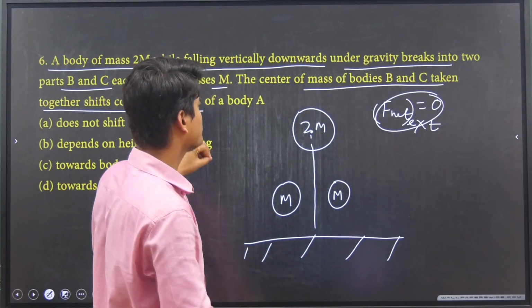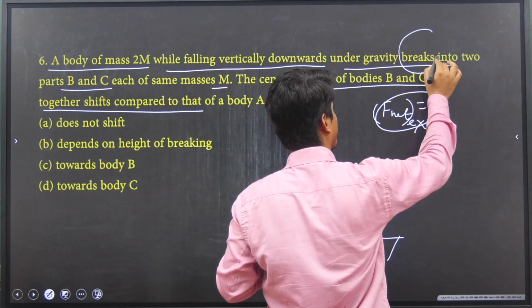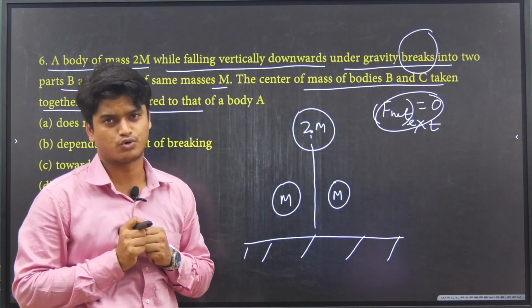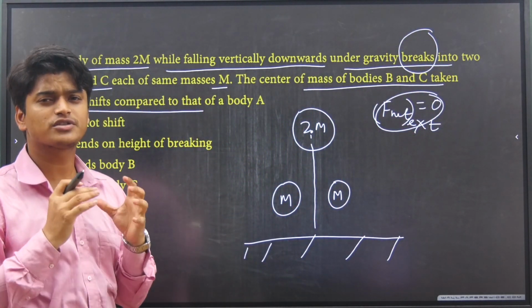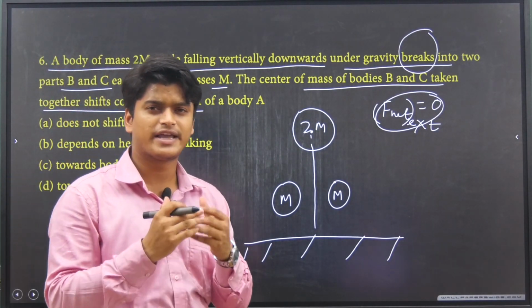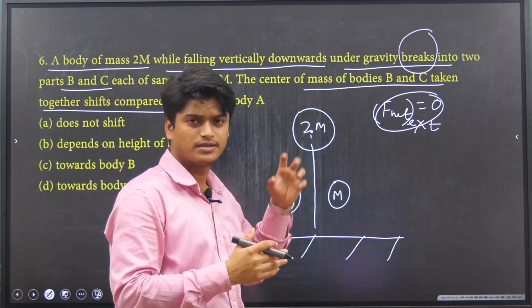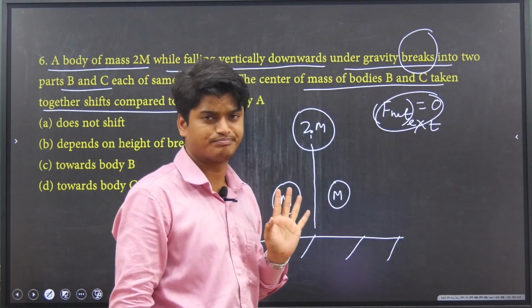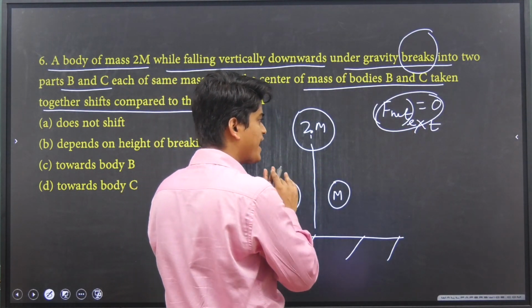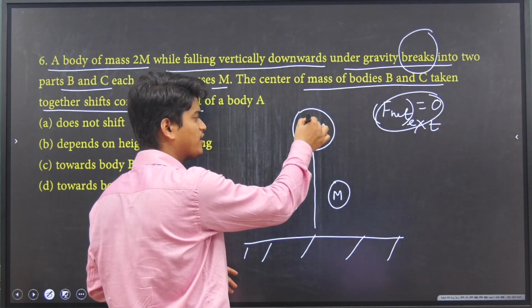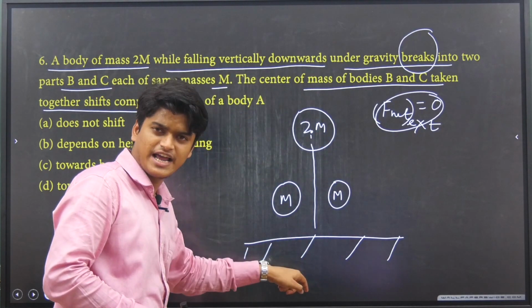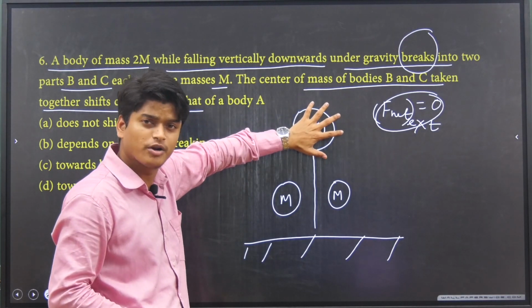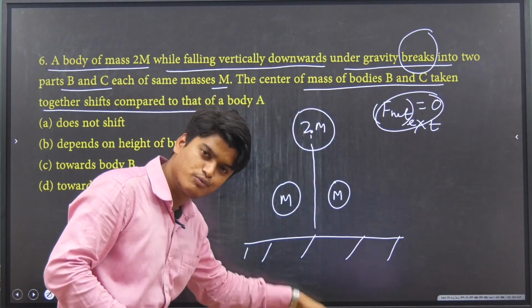And remember, whenever something breaks, breaking is basically due to internal force, like an explosion or breaking. So no external force will come. Here, as there is no external force, and the center of mass was moving in a straight line before breaking, after breaking also it will move in a straight line.